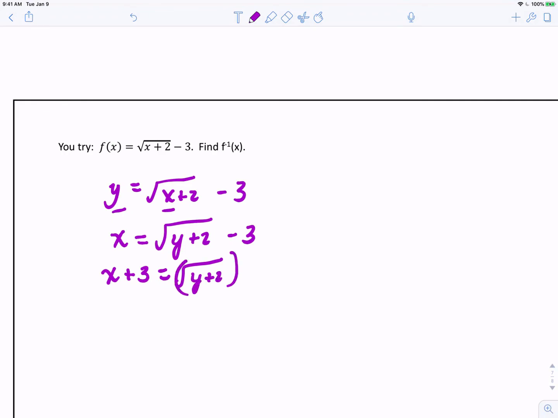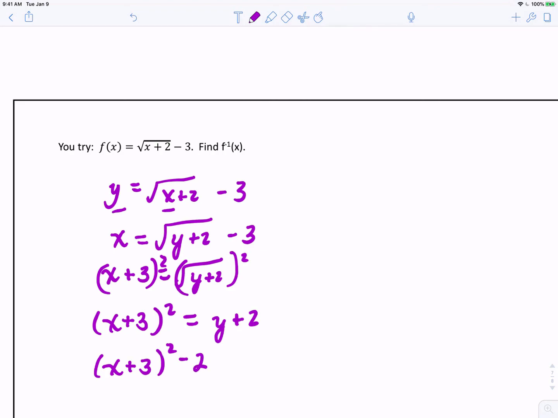We'll square. So x plus 3 squared is equal to y plus 2. And then we'll subtract 2 from each side. So x plus 3 squared minus 2 is the inverse function of f.